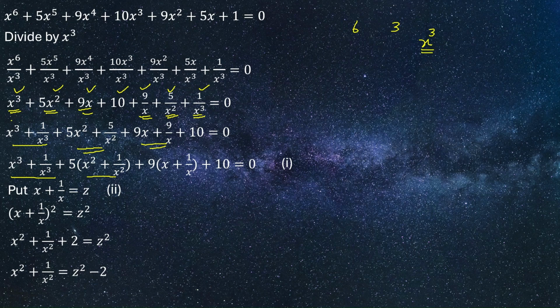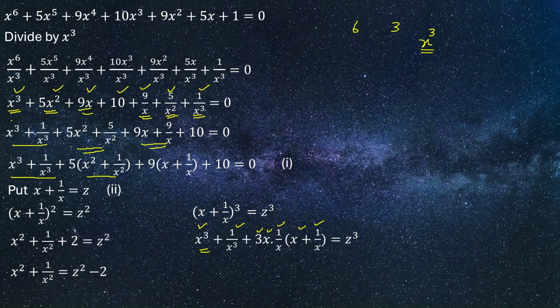Likewise, we shall take the cube of equation 2 and we get x cube plus 1 over x cube plus 3 x into 1 over x into (x plus 1 over x), using a cube plus b cube plus 3ab into (a plus b). Now x plus 1 over x is equal to z.